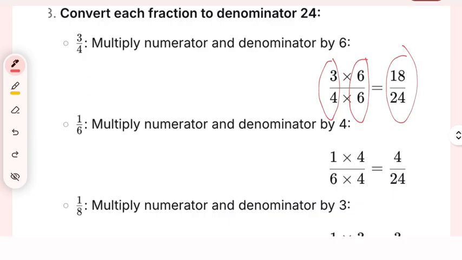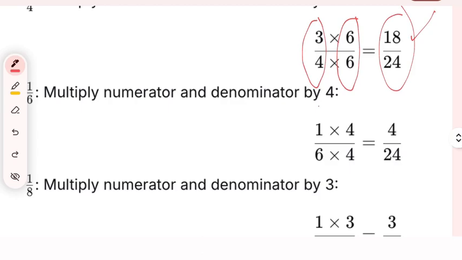What about the second fraction? The second fraction is 1/6. We have to make it a fraction with a denominator of 24. That means we multiply it by 4. So numerator and denominator multiplied by 4, it would be 4 over 24.